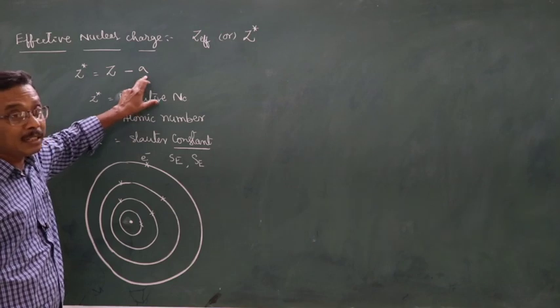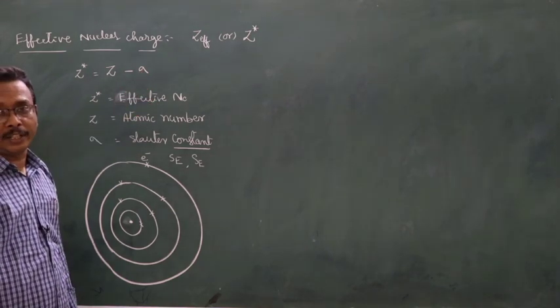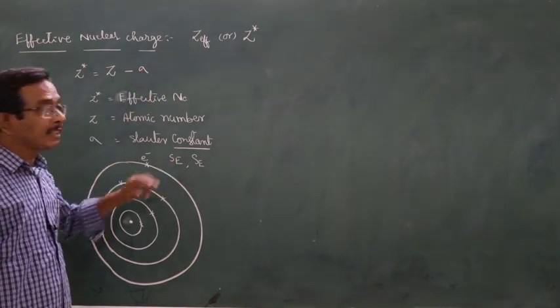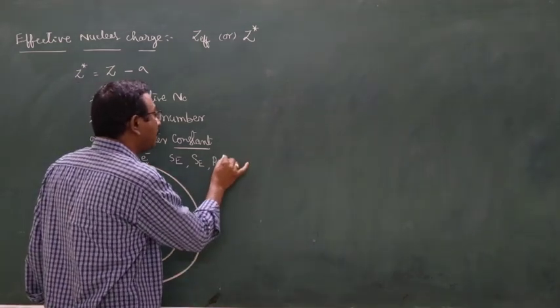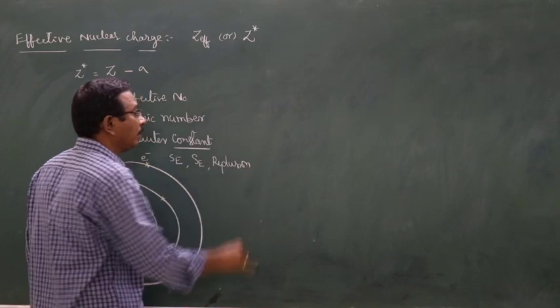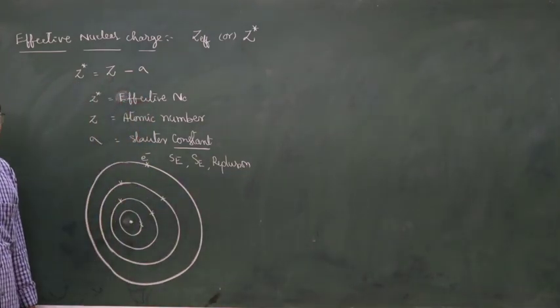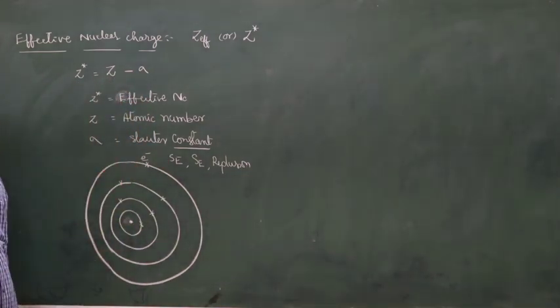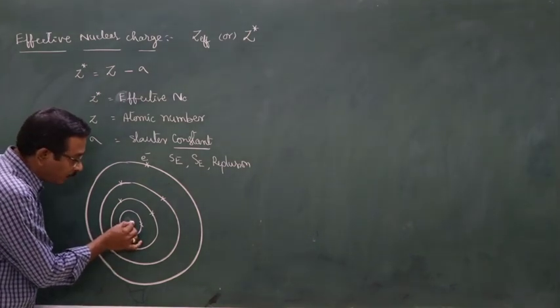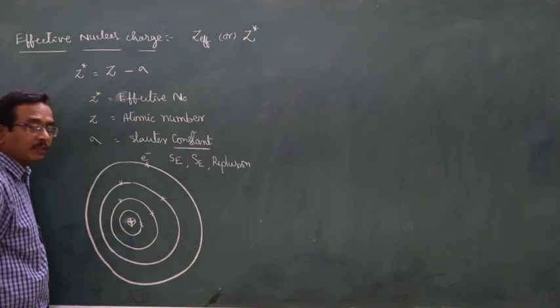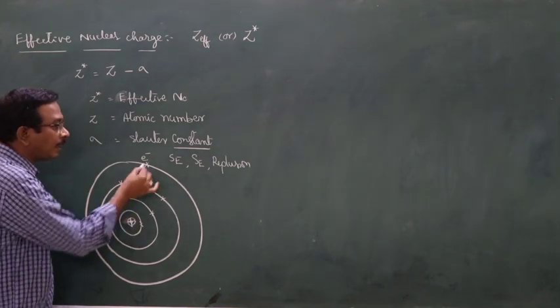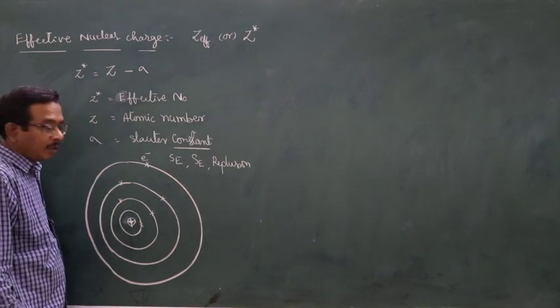But what about the importance of Slater constant? Why is it represented as the screening effect or shielding effect, and also as repulsive forces or repulsion forces? How do the repulsion forces appear here? Very simple. This is the nucleus with the positive charge, and it attracts the outermost electron.